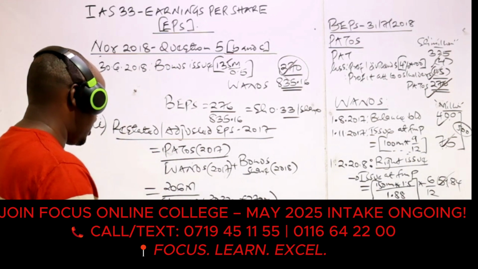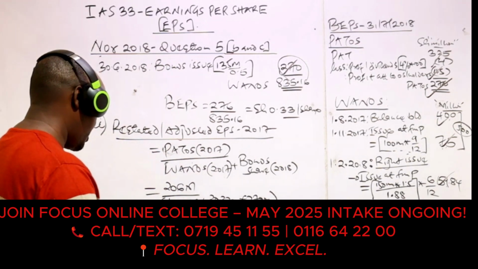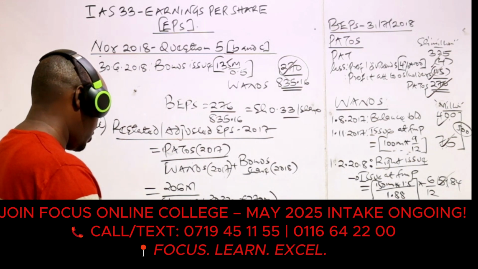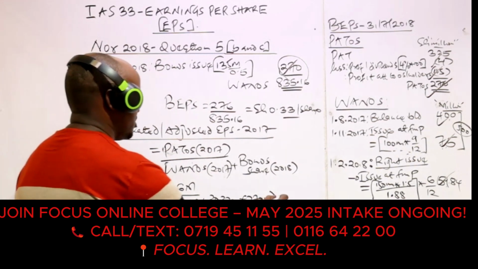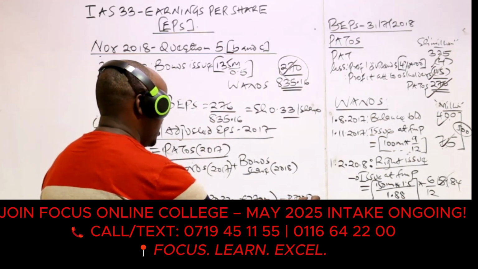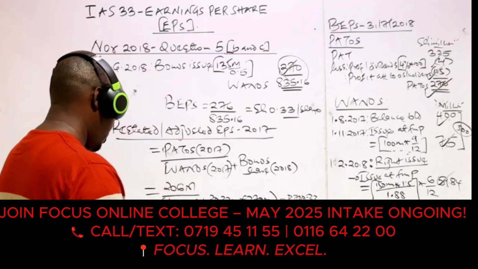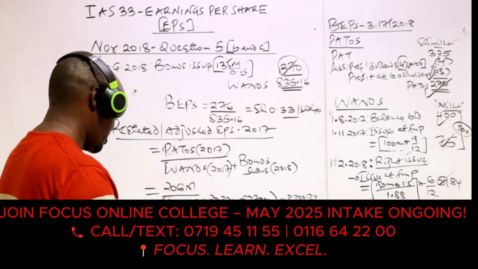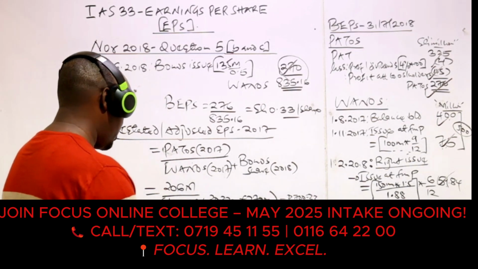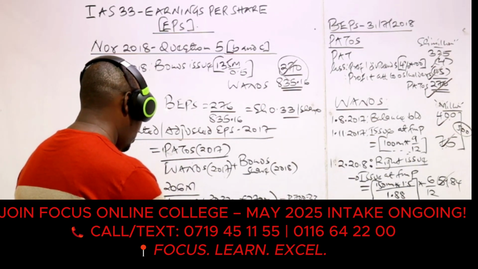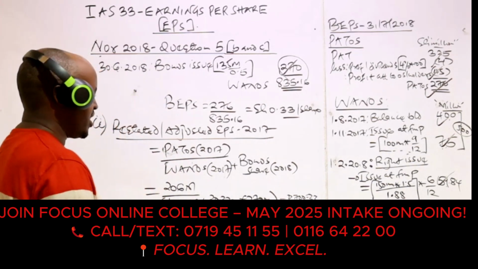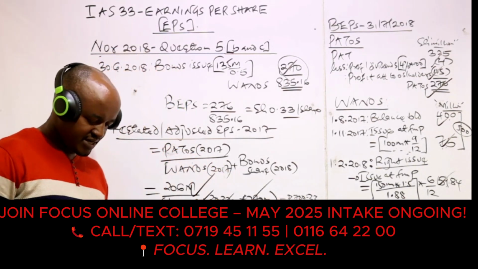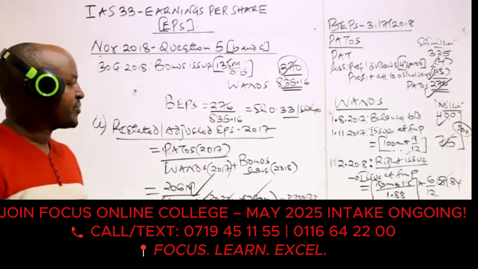Let's first of all compute the denominator as 400 plus 270 plus 30.32 which will give us 700.32. So we have 206 divided by 700.32, which will give us shillings 0.294.